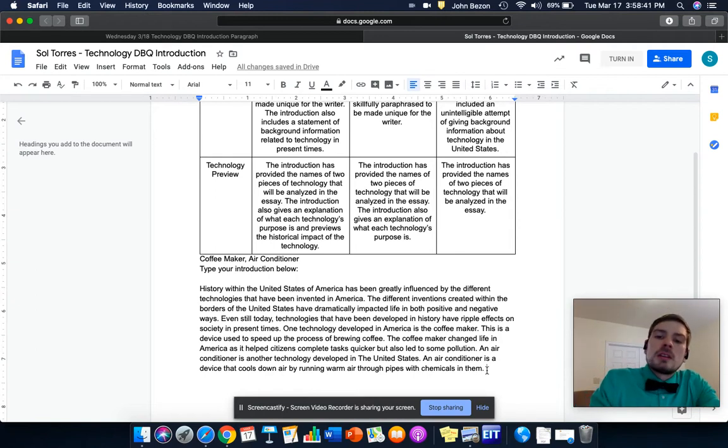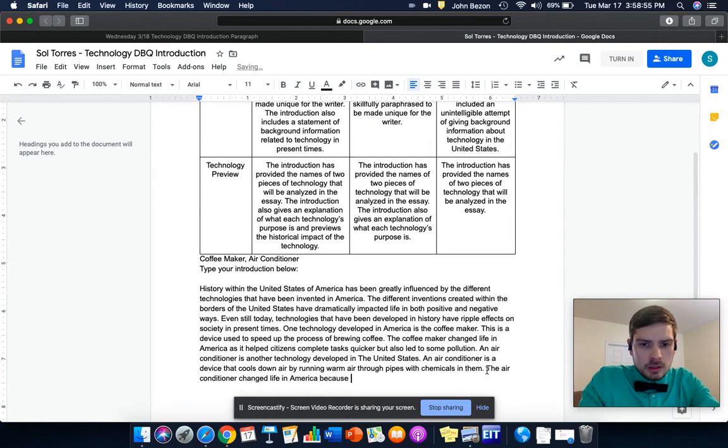Now I need to explain what the impacts of an air conditioner are. The air conditioner changed life in America because it helped people stay healthy during warm weather, but also led to increasing demand, increasing use of electrical energy, right?